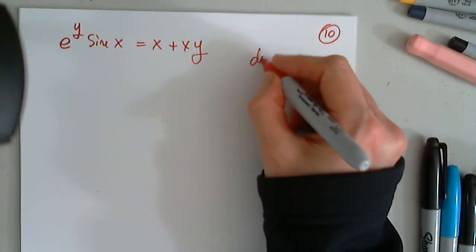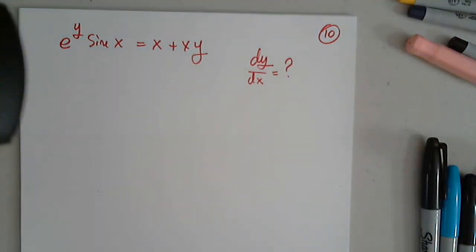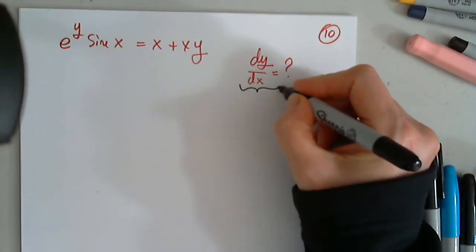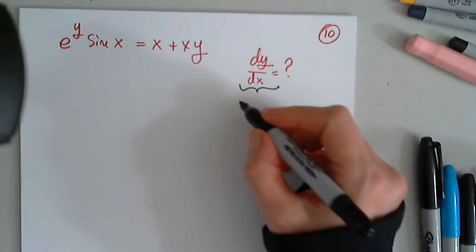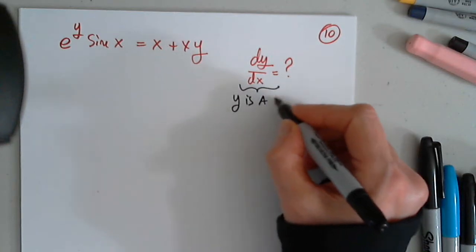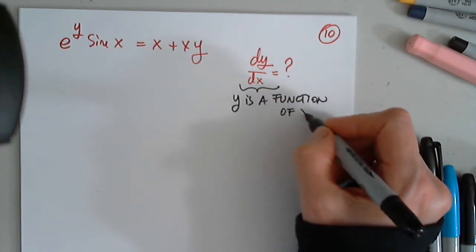If I'm asked to find dy over dx, most probably I will not mess up the notation, and the notation dy over dx clearly states that y is a function of x.